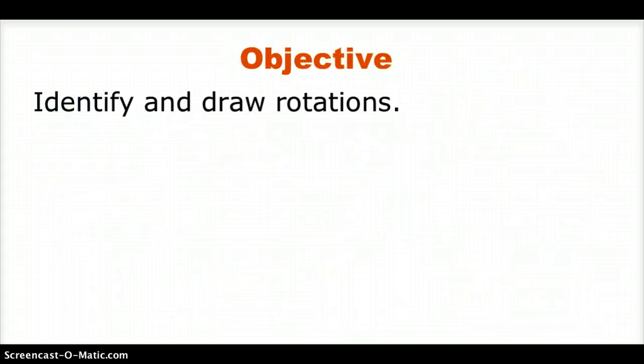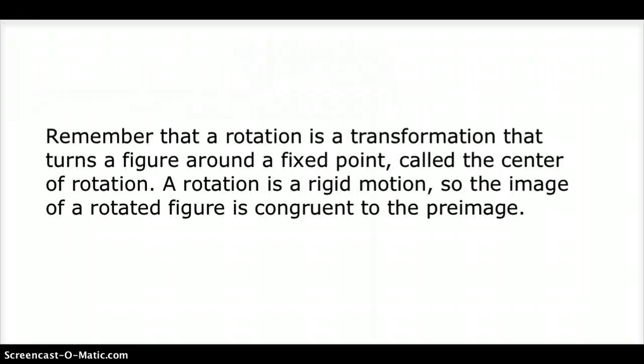Okay, and so today, again, we're going to try to identify and draw rotations. Again, this will be maybe a shortened version of a usual lesson. We'll go through some specific examples in the coordinate plane. Okay, so this gives us a good definition for rotations, and again, this is in your notes, but it's just going to be a transformation that turns a figure around a fixed point, and that fixed point is just going to be called the center of the rotation.